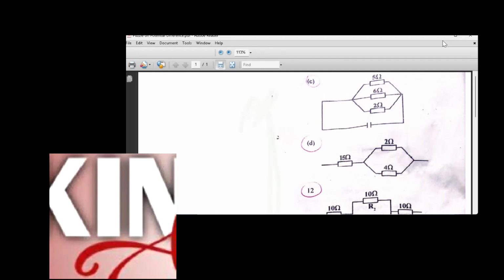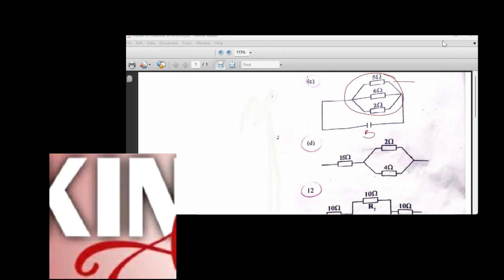In our third question, we have a network of connection that is made up of a set of resistors all connected in parallel, and that is being powered by a cell here. We have our battery B, and we have a network of 5 ohms, 6 ohms, and 3 ohms resistors all connected in parallel.